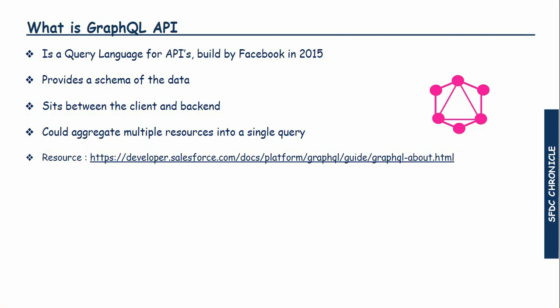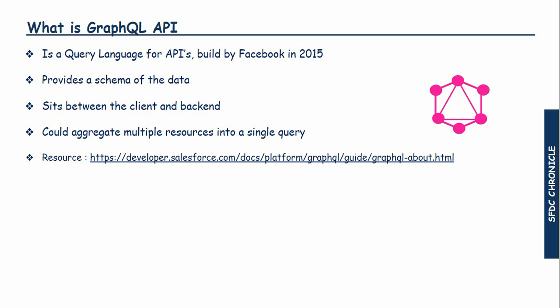So, what is GraphQL? What do we mean by GraphQL? GraphQL is a query language for APIs and a runtime for executing those queries, allowing clients to request specific data from a server.